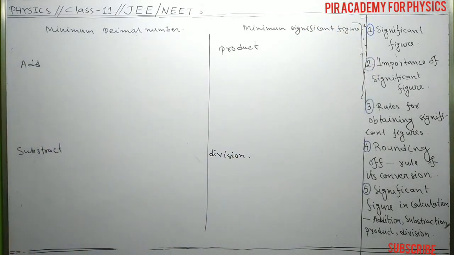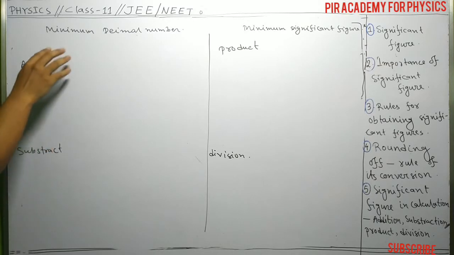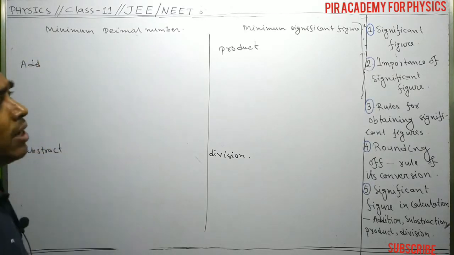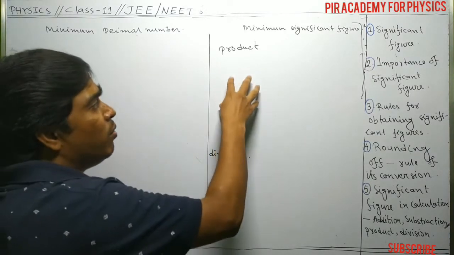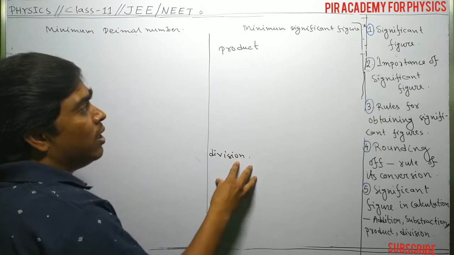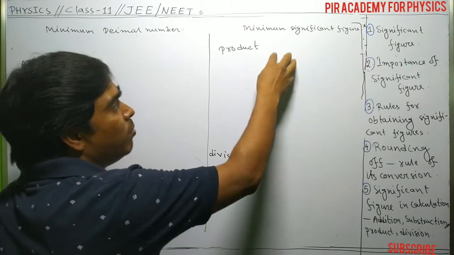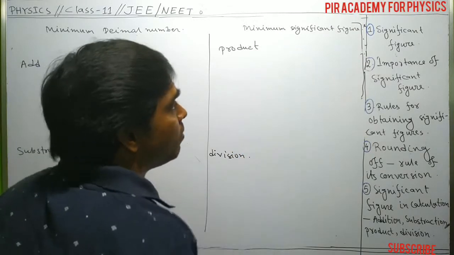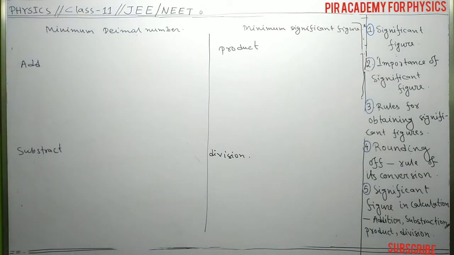That means if you want to add or subtract, then the final value must be written in terms of the minimum decimal number, and if you want to multiply or divide, then the final value must be written with the minimum significant figure. How is this performed?